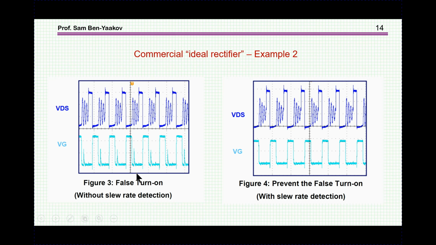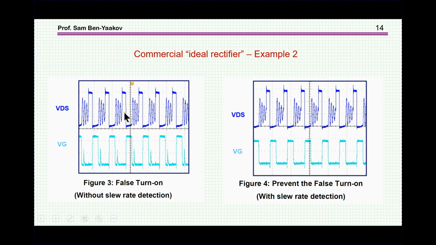The idea is the following. The primary transistor, when it's turned on and off, is causing a very fast transition. That is, the slew rate is very high because you turn the transistor on and off fast. And the oscillations, which depend on the resonant frequency, have a slew rate which is slower than this slew rate.